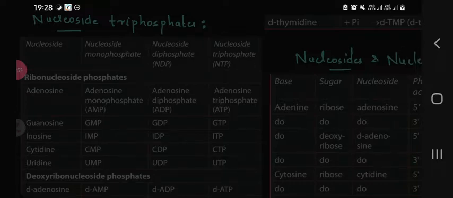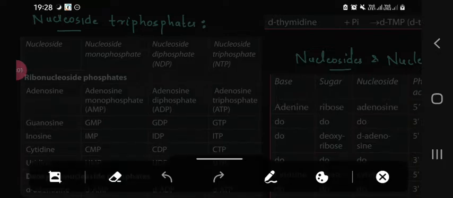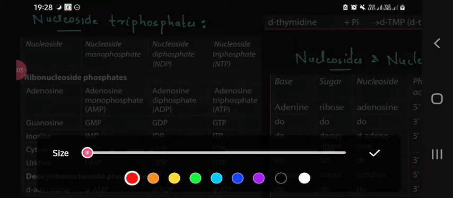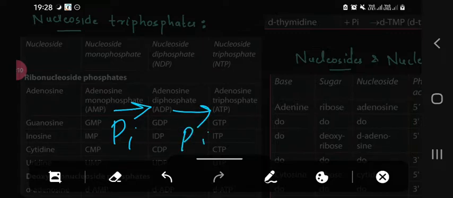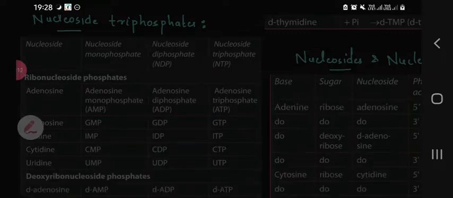Nucleoside triphosphate, nucleoside monophosphate, nucleoside diphosphate, nucleoside triphosphate: adenosine monophosphate, adenosine diphosphate, adenosine triphosphate. AMP, when we add a Pi to it, just add a Pi. So AMP is converted into ADP and ADP is converted into ATP.